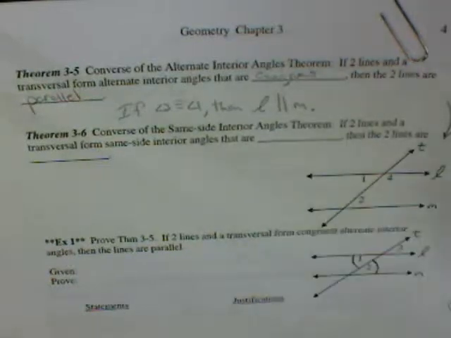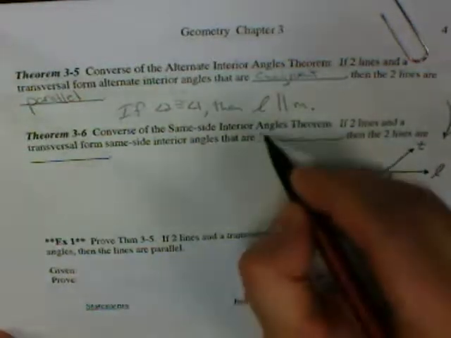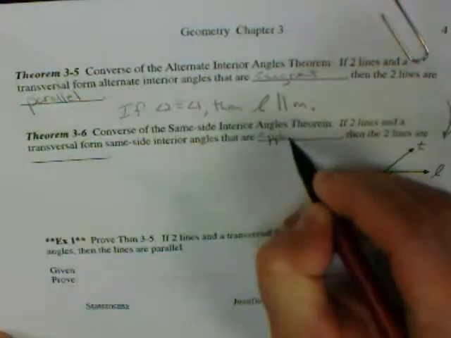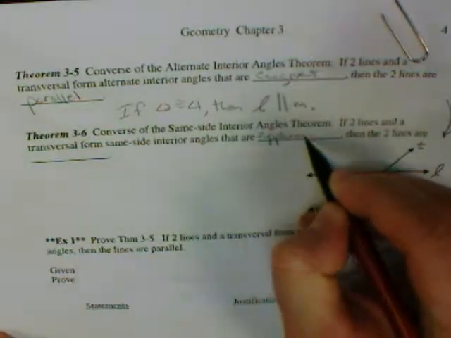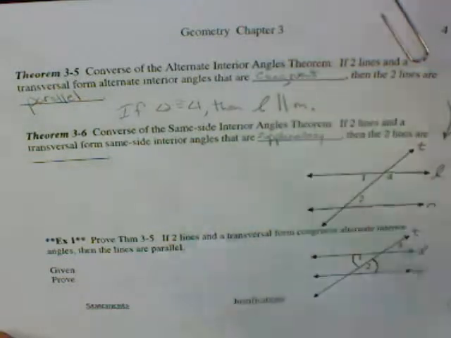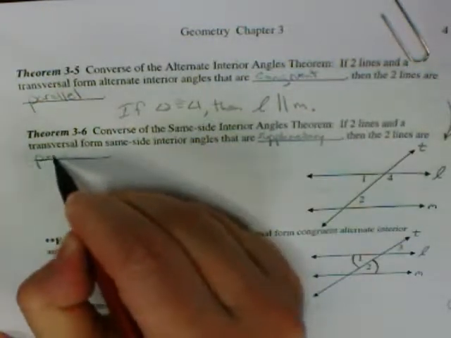All right, the next one talks about the same side interior angles. And you remember the same side interior angles are not one of the pairs that are congruent, they're one of the pairs that are supplementary. So this theorem is going to say, if two lines form same side interior angles that are supplementary, then the two lines have to be parallel.